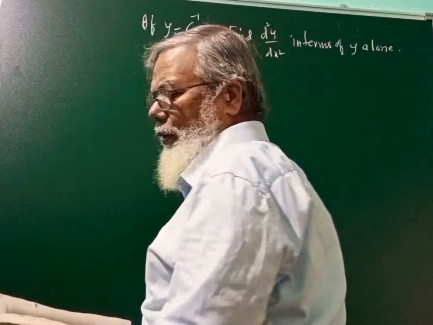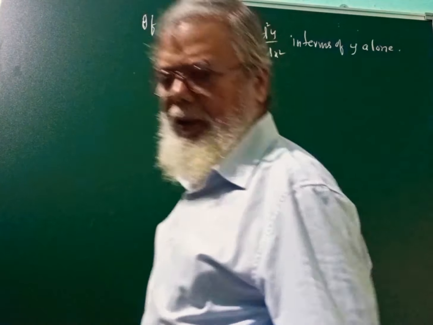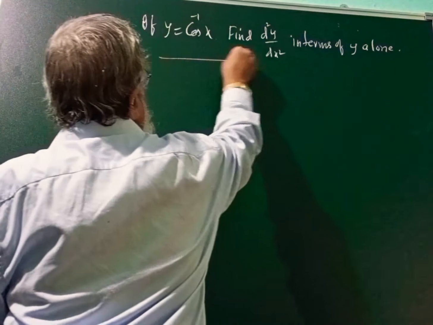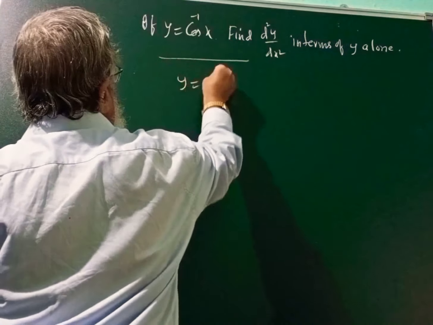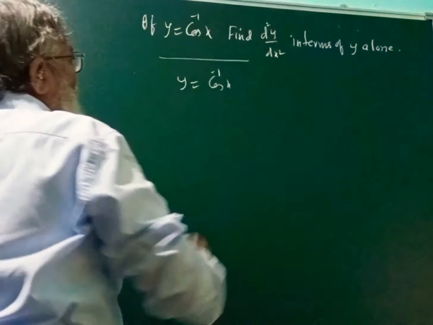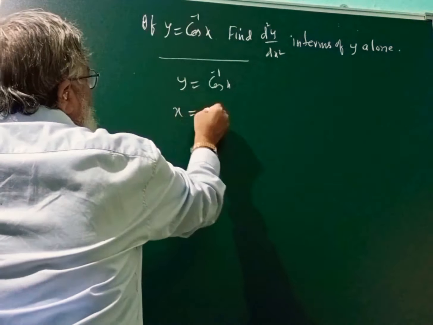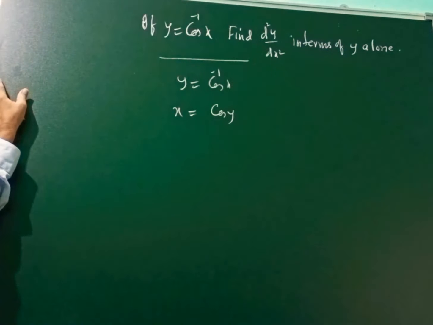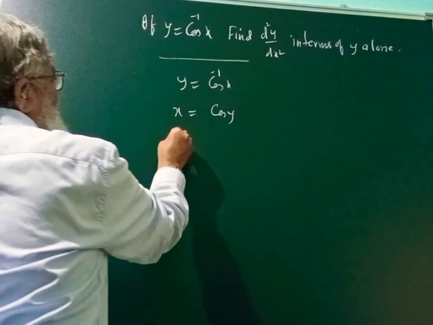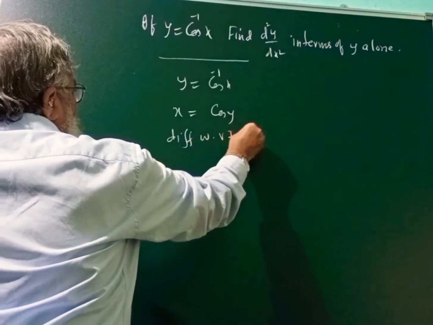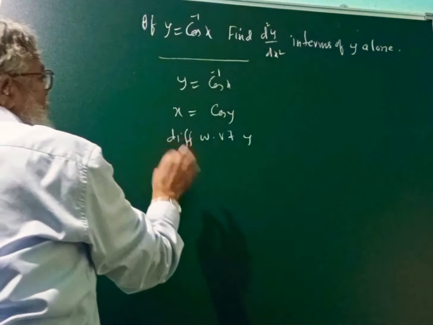Here, look, y is equal to cos inverse x. This is the given problem. By the definition of inverse function, x is equal to cos y, because we have to express in y alone. Now we write x in terms of y. Now differentiate with respect to y, because our answer must be in terms of y.